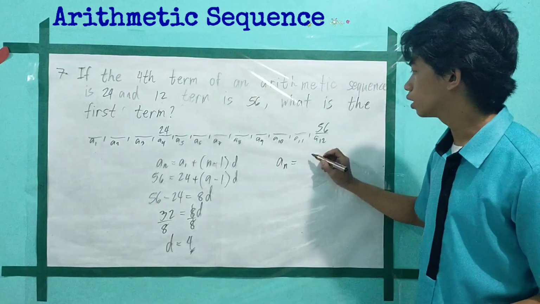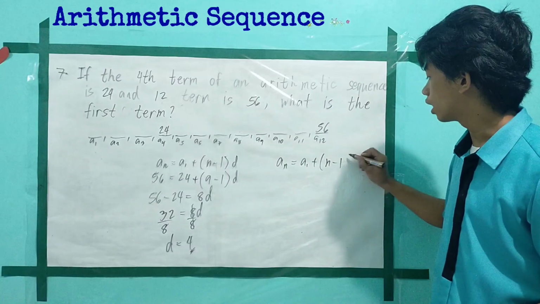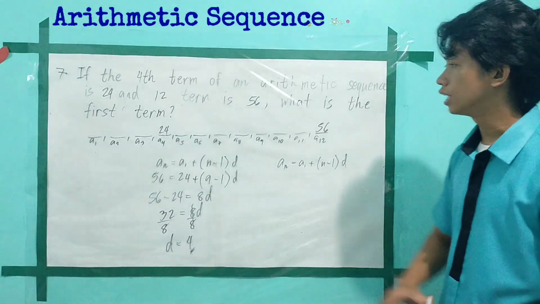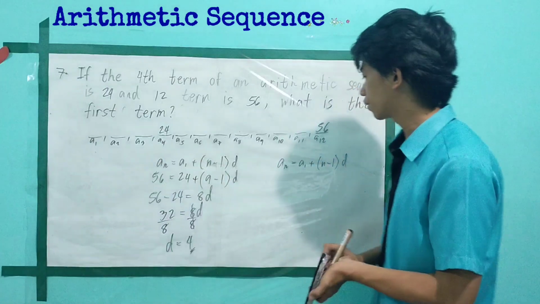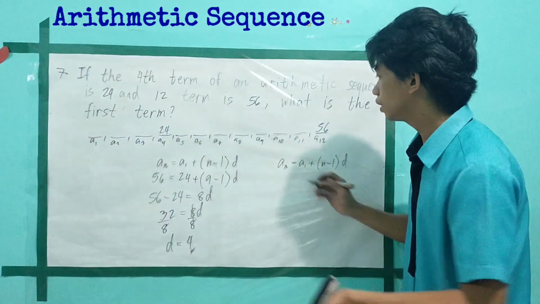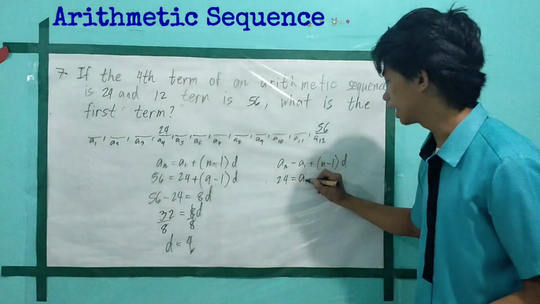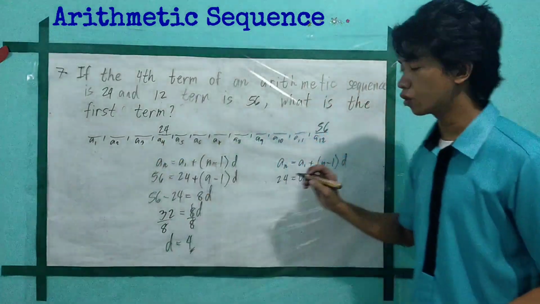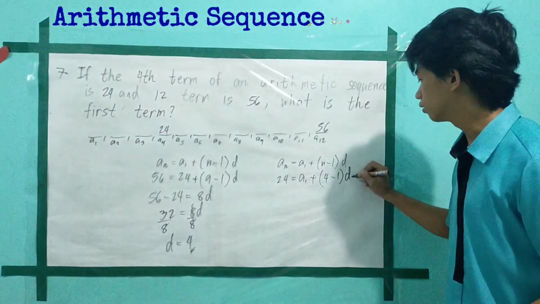A sub n is equal to A sub 1 plus n less 1 multiplied to the common difference. Okay, sabihin natin A sub 1 hanggang A sub 4. Ang A sub 4 natin, we have 24 is equal to A sub 1 plus number of terms from A sub 1 to A sub 4, we have 4, less 1 multiply to the common difference.